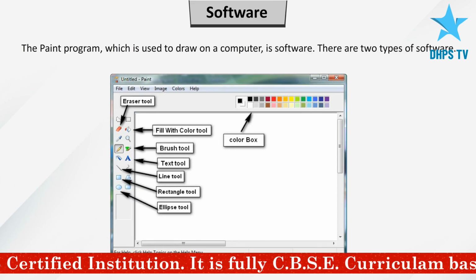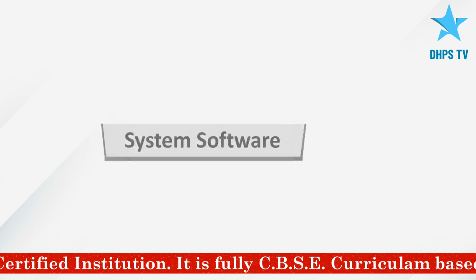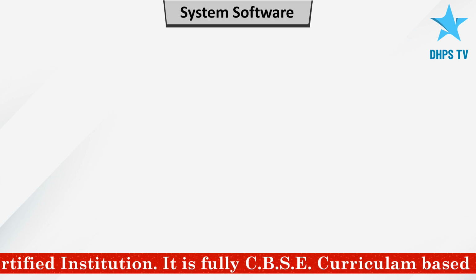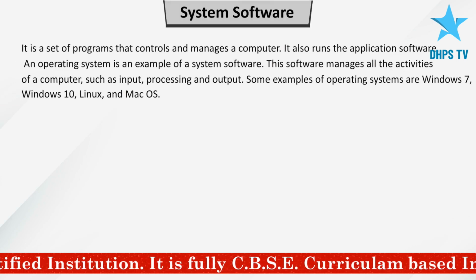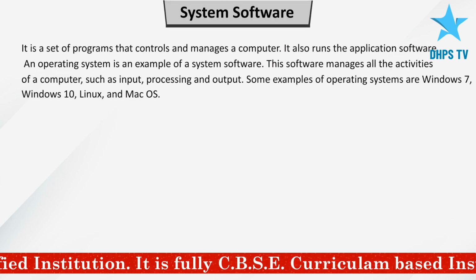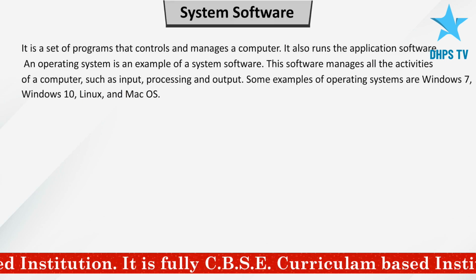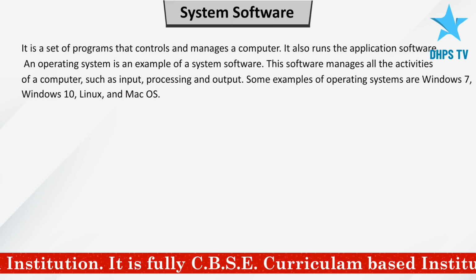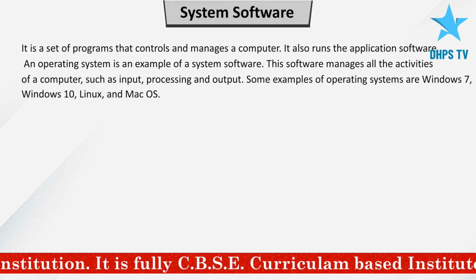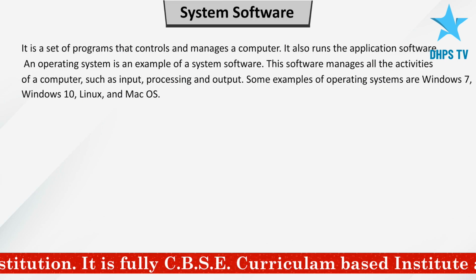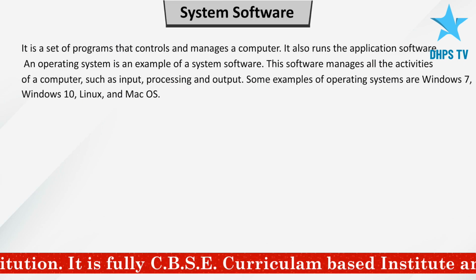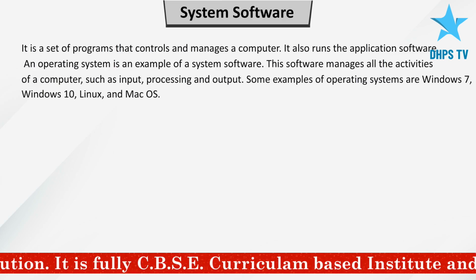There are 2 types of software. System software. It is a set of programs that controls and manages a computer. It also runs the application software. An operating system is an example of a system software.